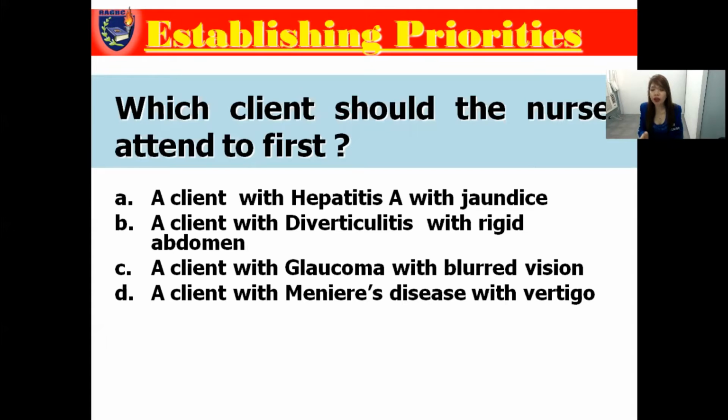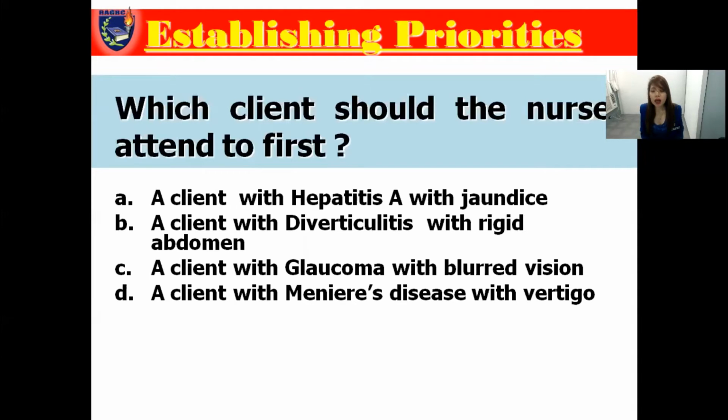For example, letter A, a client with hepatitis A with jaundice, it would be expected that this client would be manifesting jaundice because of the problem of the liver. Letter B, a client with diverticulitis with rigid abdomen, that is not expected, because diverticulitis is an inflammatory bowel disease, meaning what we are expecting would be alternating constipation and diarrhea.